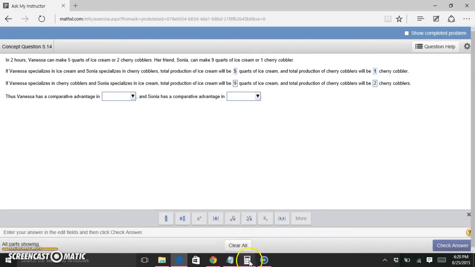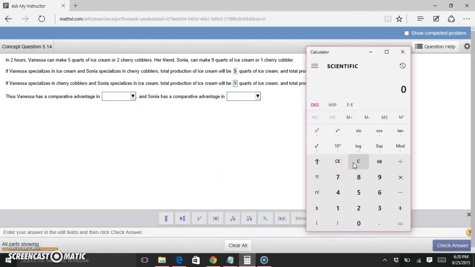So what I'm going to do here, let's clear my calculator, is for Vanessa. To figure out Vanessa's opportunity cost of making ice cream, how many cherry cobblers does she have to give up to make a quart of ice cream? I'm going to take the number of cherry cobblers she can make in 2 hours, which is 2, and I'm going to divide that by the number of quarts of ice cream she can make in 2 hours, which is 5. 2 divided by 5.